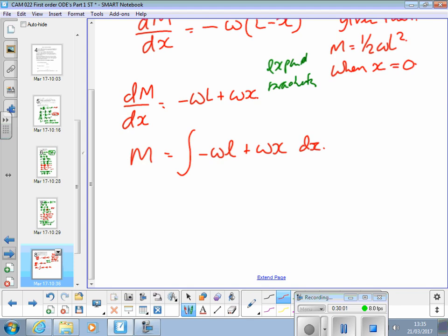Integrating minus omega L, M is equal to minus omega L x plus omega x squared over 2 plus c.